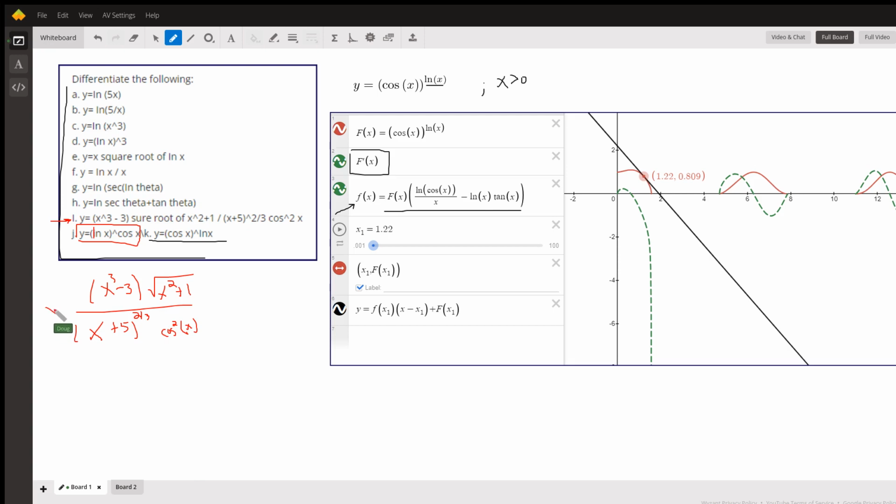If that's what y equals, good luck using the quotient rule and the product rule and the chain rule. Figure it's really messy. What you want to do is use logarithmic differentiation.